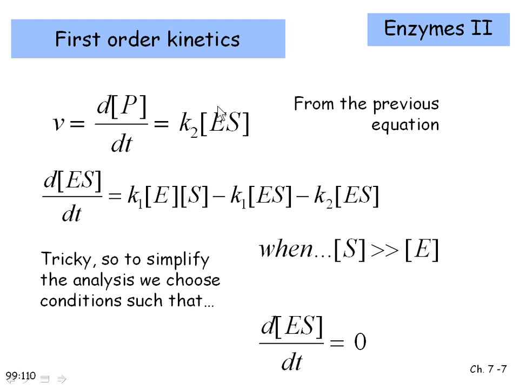In other words, here's the concentration of the enzyme-substrate complex, and K2 is that forward reaction producing more product. So this is saying that the product is increasing in time as a function of that forward rate constant and the concentration of the enzyme-substrate complex.